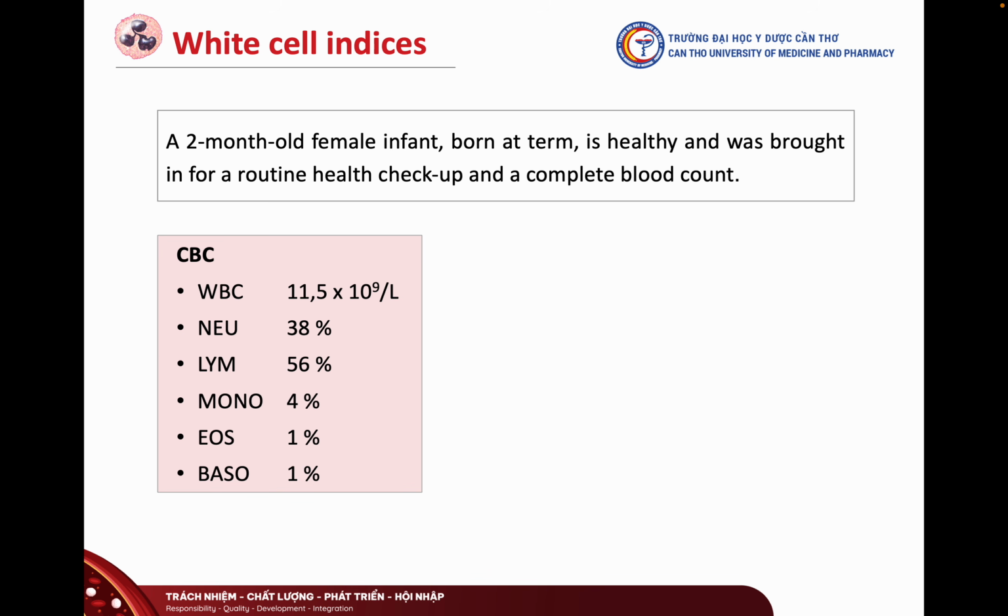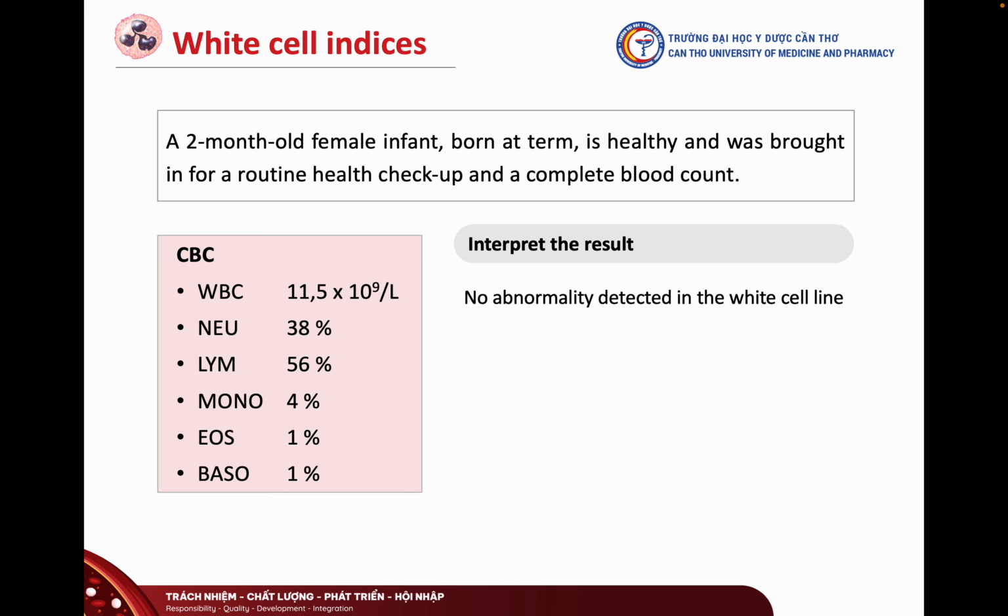Let's revisit our 2-month-old infant. The white blood count is 11.5, which is perfectly normal for this age group. Neutrophils are 38% and lymphocytes are 56%. Again, this matches the expected pattern at 2 months, where lymphocyte predominance is normal. So, when we interpret this result, there is no abnormality in the white blood cells.